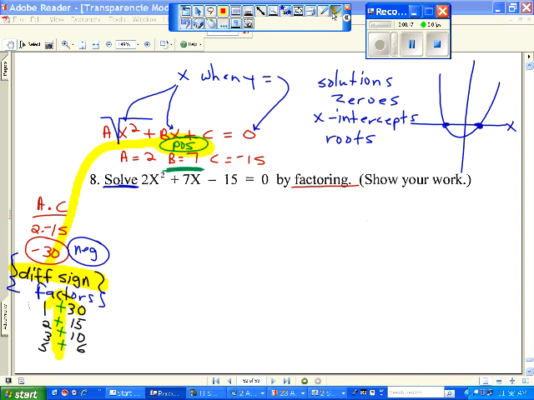So my factors need to be different signs with the larger positive. So I make my largers positive, therefore, my smallers are negative. So that little drill told us to put negatives on those. Everybody understand that?